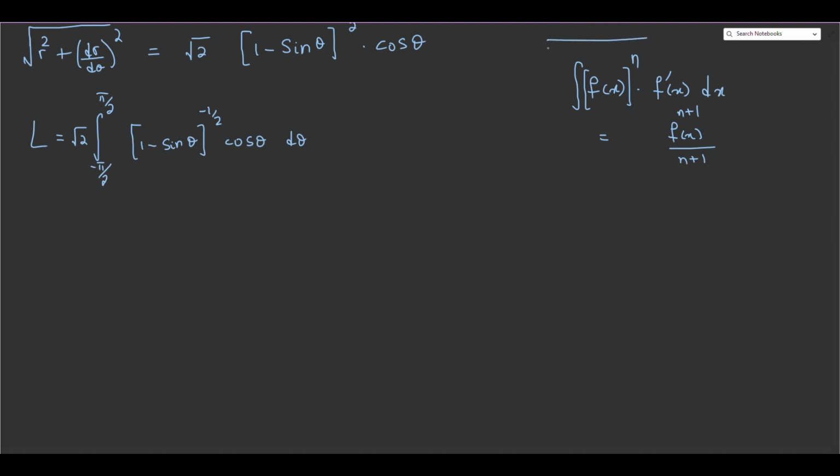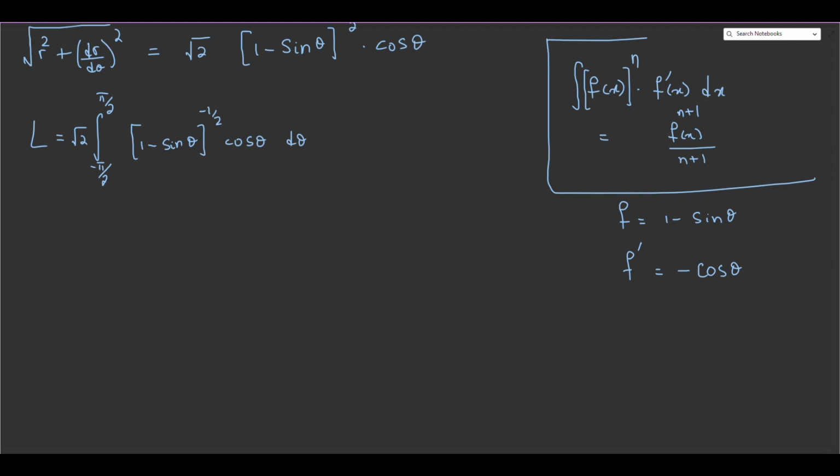So here in this case our function is 1 minus sine of theta, and what is the derivative of this function? The derivative of 1 is 0 and the derivative of sine is cosine of theta. So we get here minus cosine of theta, but we do not have the minus sign here.